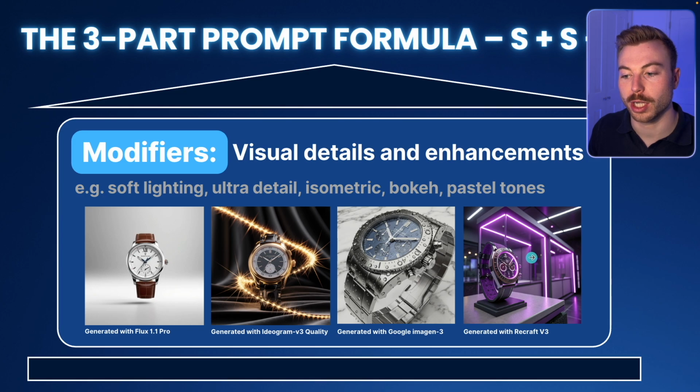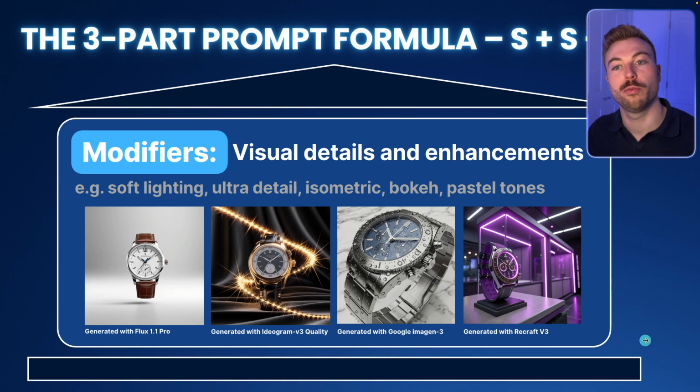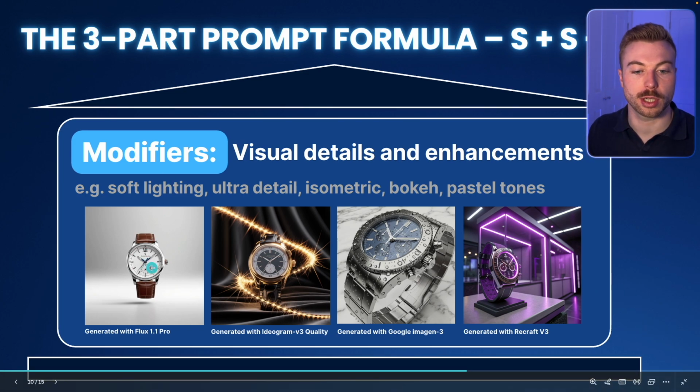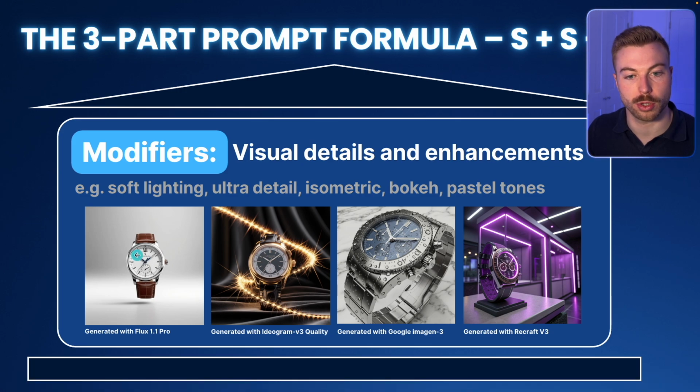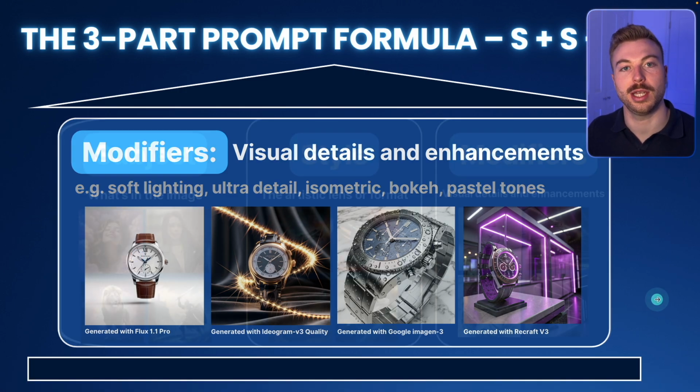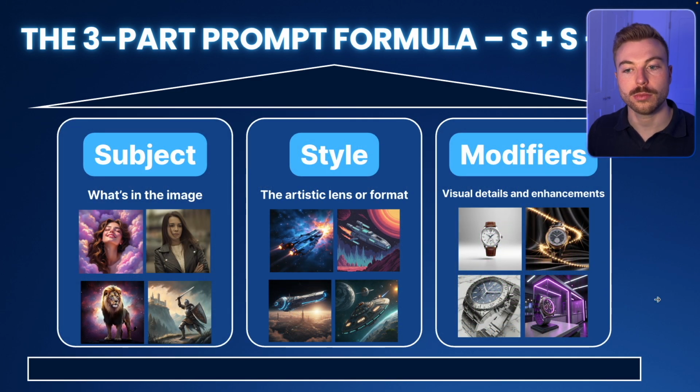So, for example, on the right-hand side here, for that watch, purple, neon, we could have a simplistic product photo on the left-hand side there, really highlighting what we want that output to be as easily as possible. And that's where when we put our formula together, we're really clear on the subject that we want. We run through exactly the style that we're looking for and the modifiers that we want to enhance the images that we're going to generate.